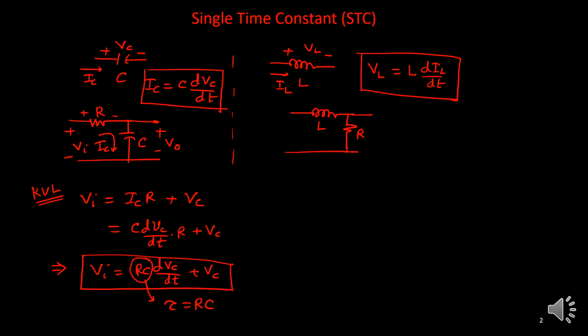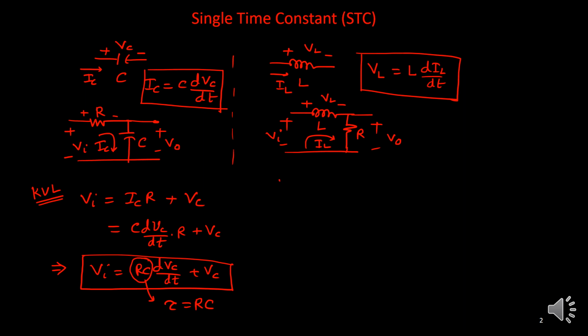Very similarly you will get the first order equation for the RL circuit. So if it is Vi, this is your V0. Here I consider this current as IL, and for the inductor I will consider the parameter IL as a variable. Then we can relate the voltage, it is VL.